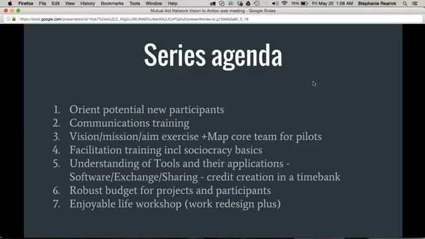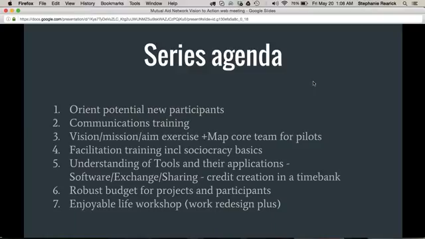The second one last week was communications training, just learning how to do a bit of an elevator pitch, identify messages that can be compelling to your audience and how to get them across. Then today is vision, mission, and aim, and mapping who your core team would be. And we've come up with a catchier title, which is From Vision to Action.